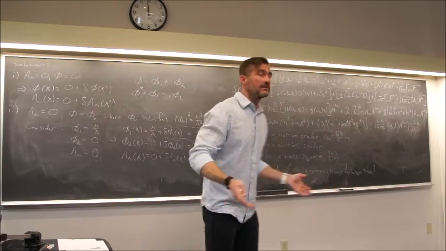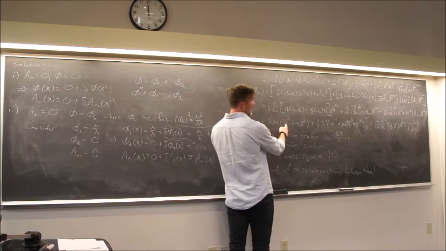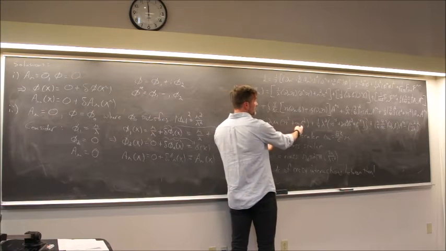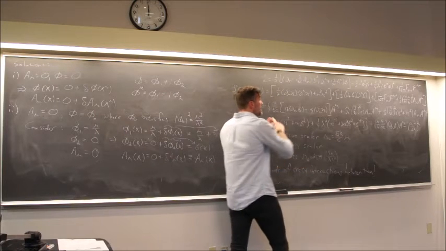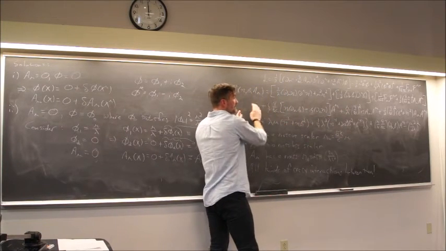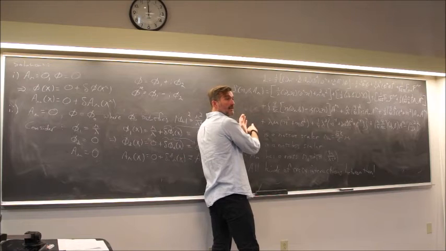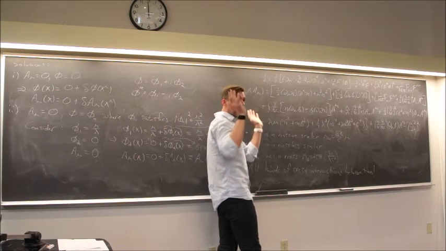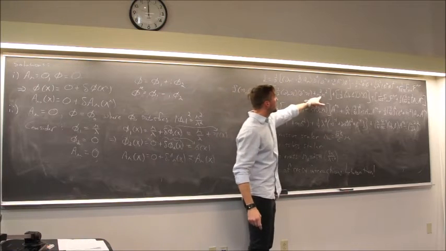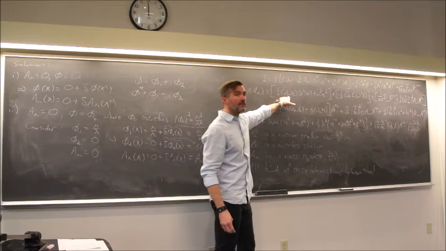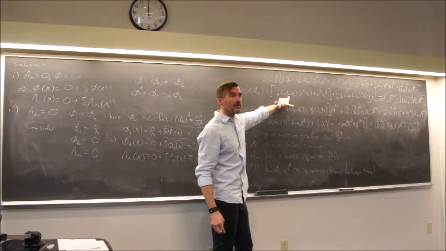It's just an interaction. This is eta cubed. That's an interaction. This is beta squared times zeta. That's an interaction. Nothing in the second two lines is quadratic. They're all going to be third order or higher. So they're just interactions between fields. It's the quadratic and the kinetic terms that you want to focus on to identify what you're dealing with.